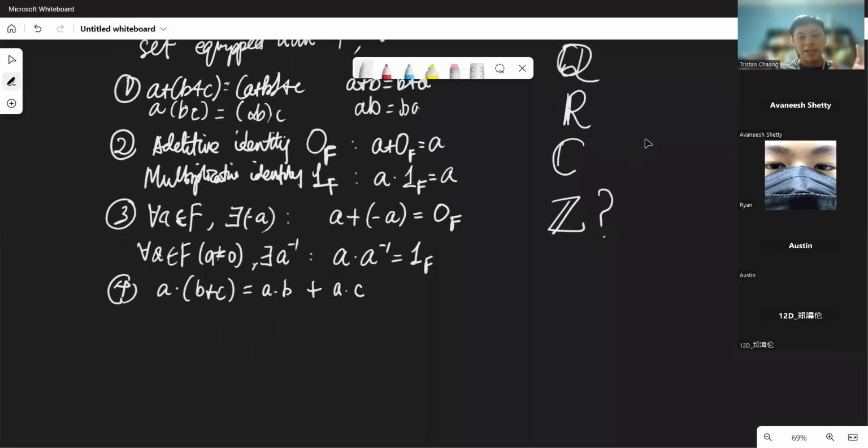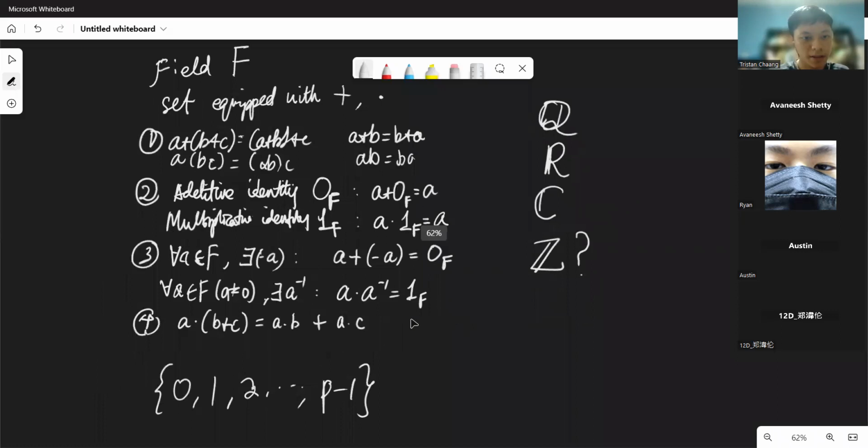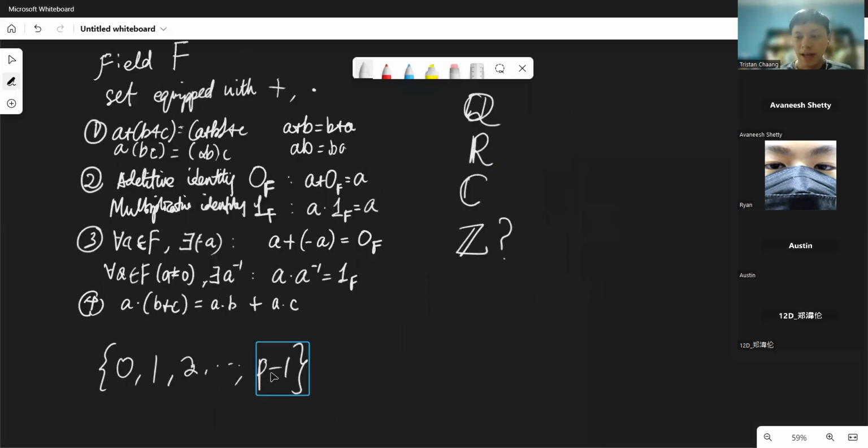So in particular, let's look at the case where the set given is 0, 1, 2, until p minus 1. Well, if these are just a regular subset of the natural numbers, we would say, okay, p minus 2, this element, plus the element 3 would be p plus 1, right?